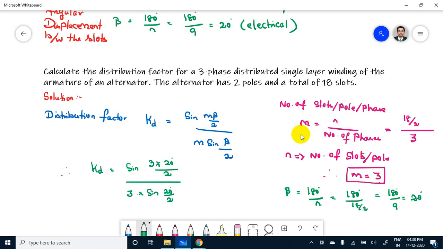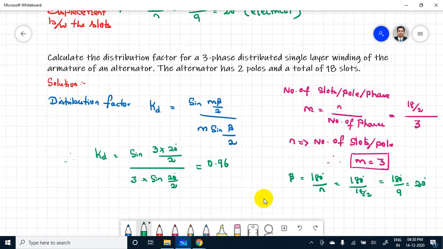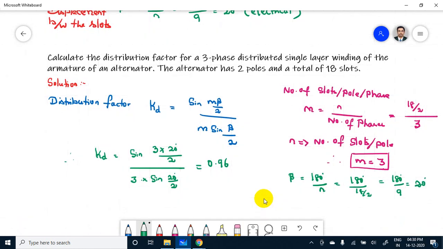So finally you will get 0.96. These problems are direct substitution problems. Maybe a small concept will be an indirect method. Therefore Kd equal to 0.96. Any doubts?